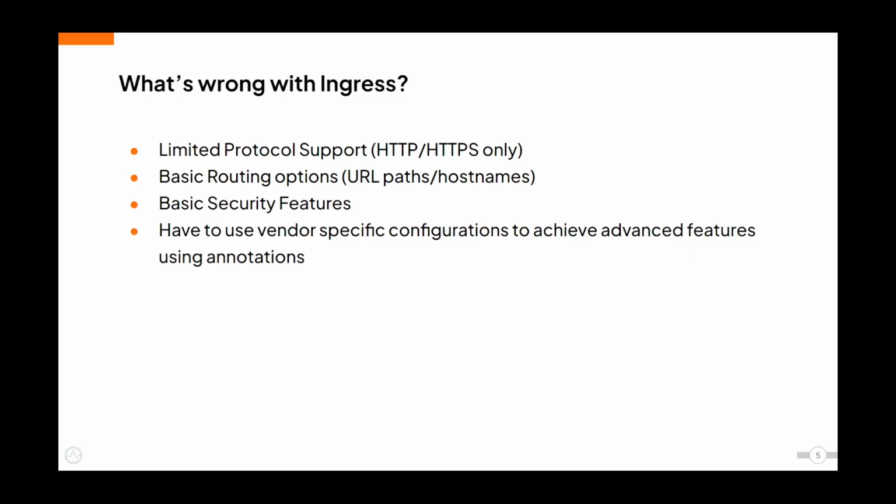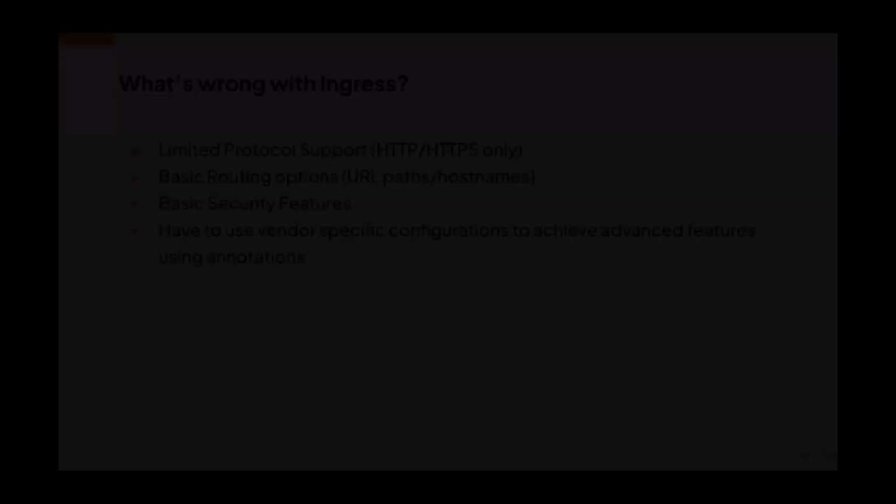And then when it comes to security, there are still very few, basic features available, right? And also some of these features are specific to the vendor. When you are switching the vendor, you will have to change your Kubernetes artifacts, right? So these are some of the problems that we have with the ingress.